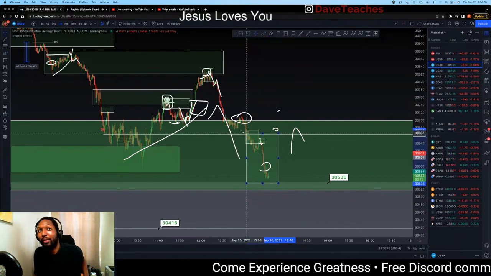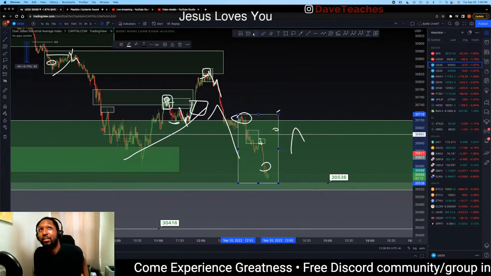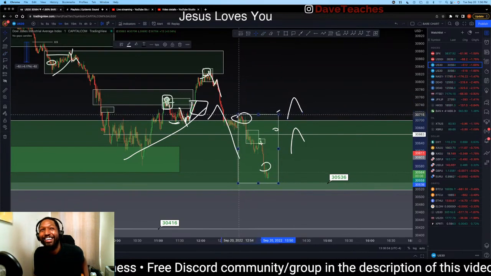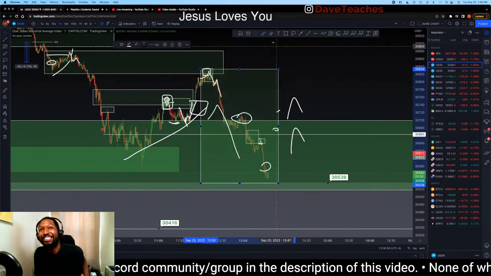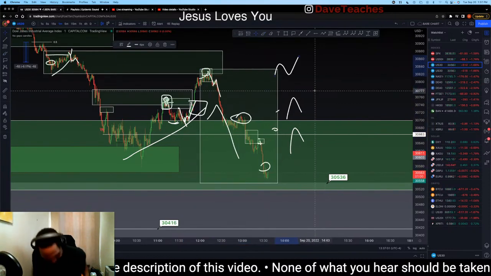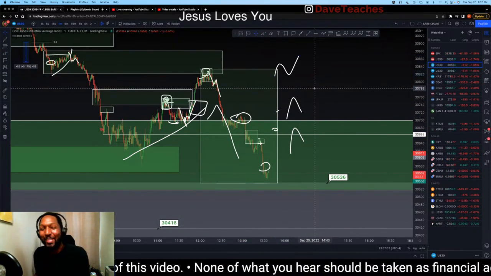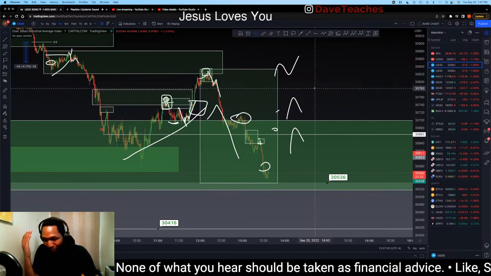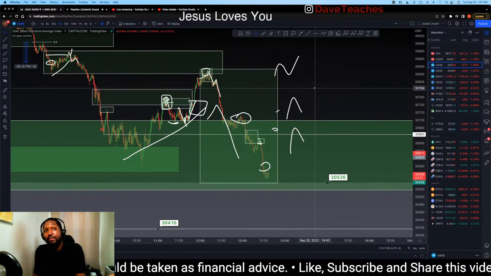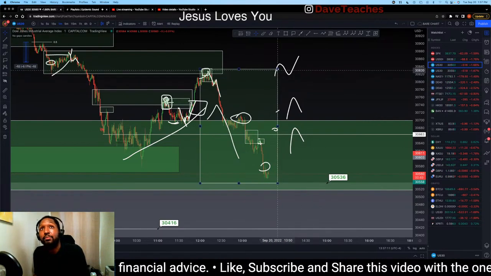And then if we go up above this, we should expect this. And then if we go up above this, we should expect this. Yo, it's the same stuff, man. Over and over and over again. Just like that. Same stuff over and over again.